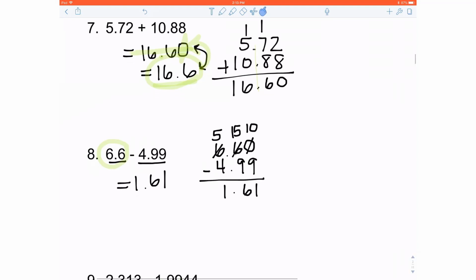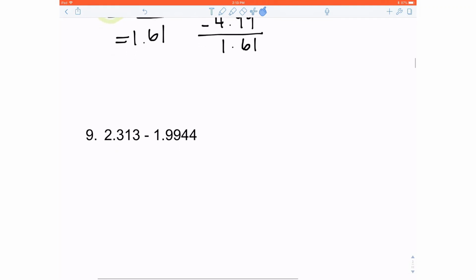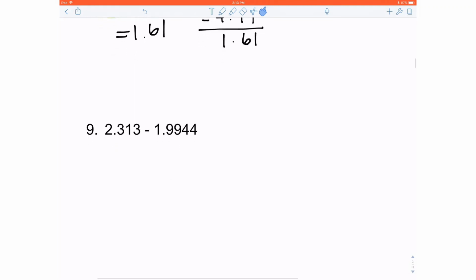If not, don't panic. Give number 9 a try. And hopefully you'll get this one without my help. And if you can't, don't worry, I'll go over this one as well.